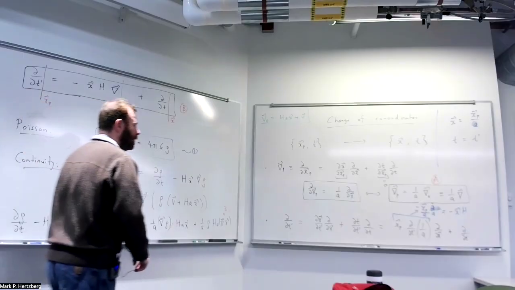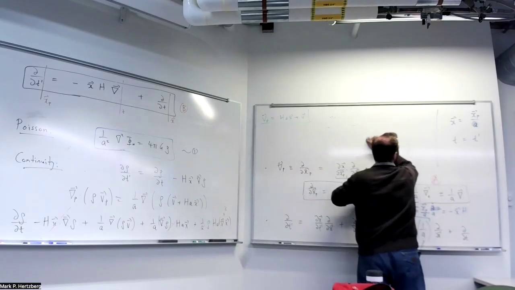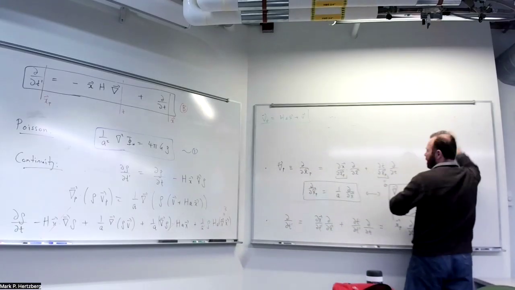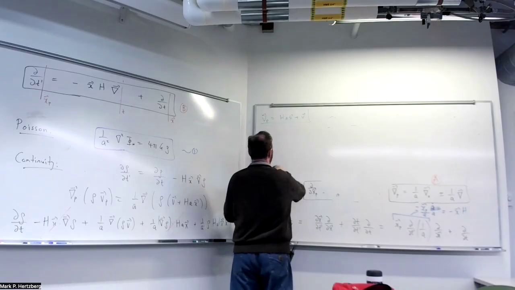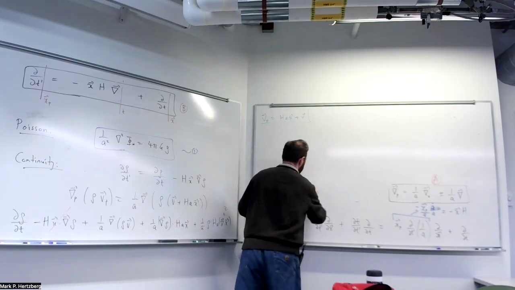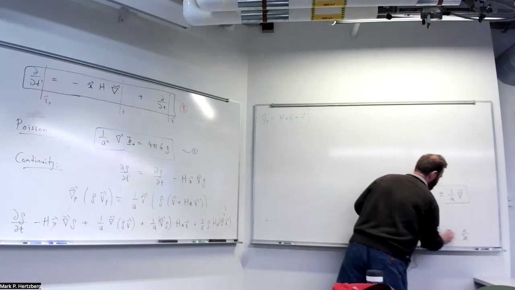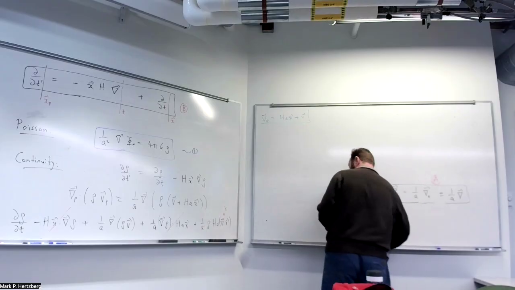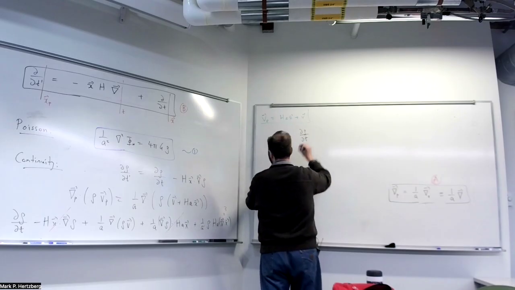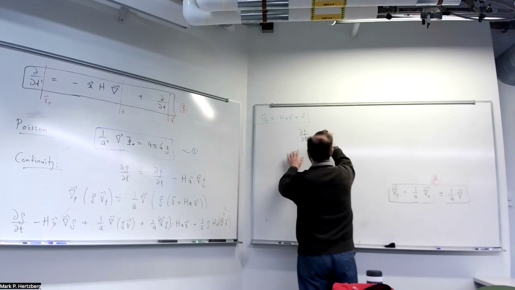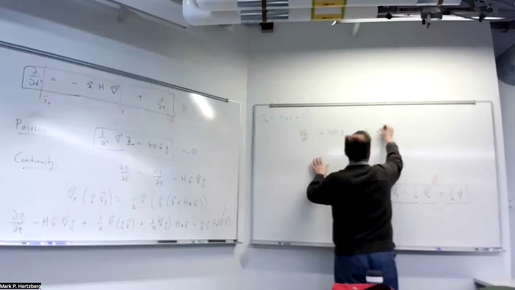All right, so altogether, we get d rho dt. Maybe I'll write this one next. We get plus 3h rho plus the divergence rho v.